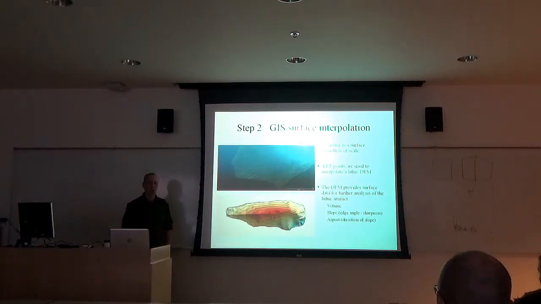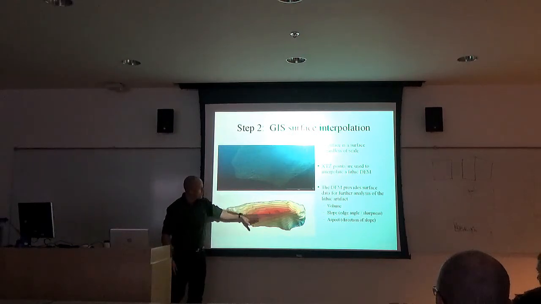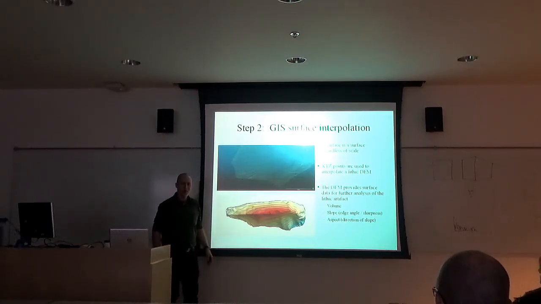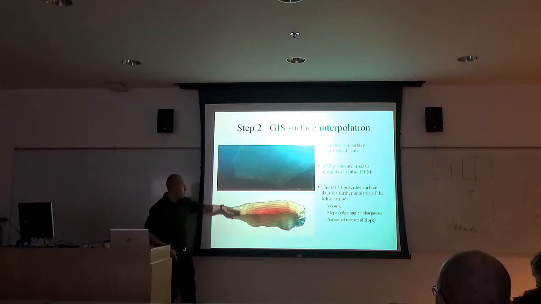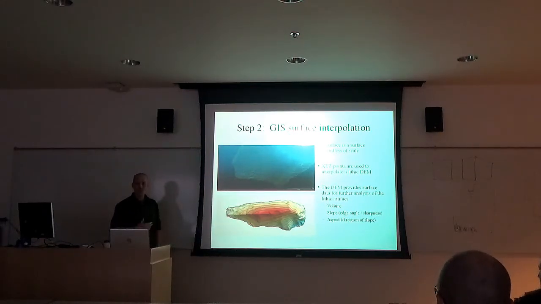I threw the contour lines on there more or less for fun. It gives you the volume and it gives you anything else that you want from this stuff. You can actually get edge angle based on slope. You can get aspect, so whether an edge is perpendicular to the primary dorsal axis or if it's sort of off at a different angle, all sorts of stuff like that, using your standard GIS tools.